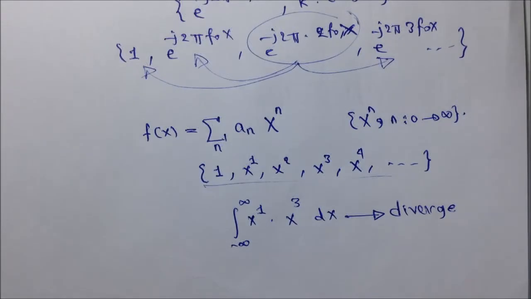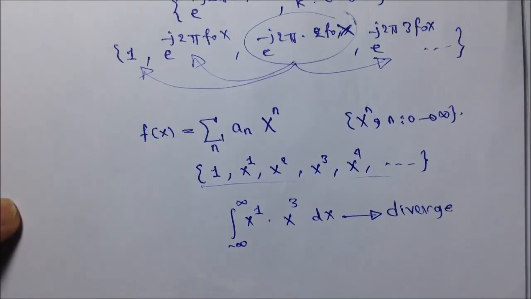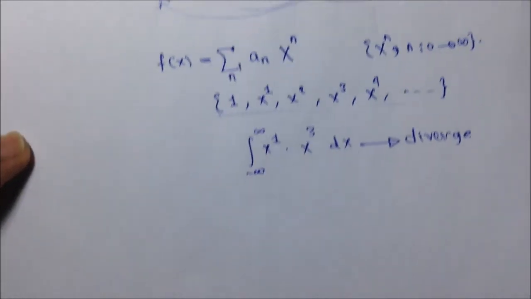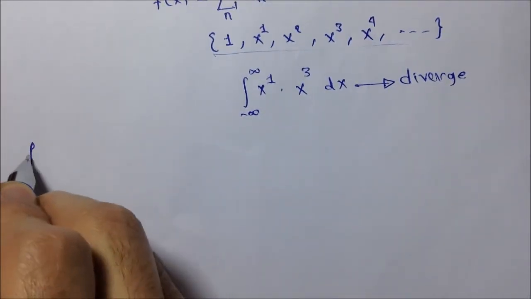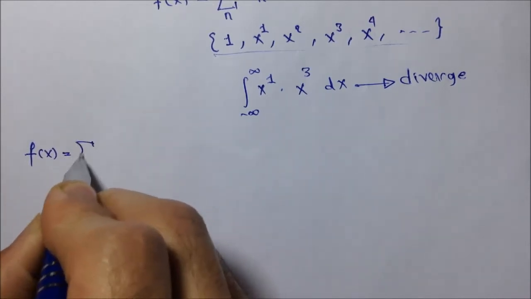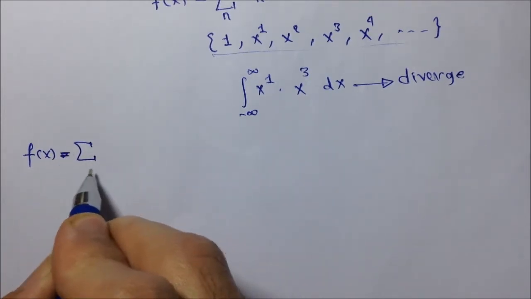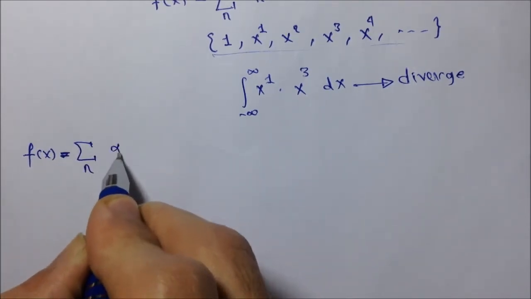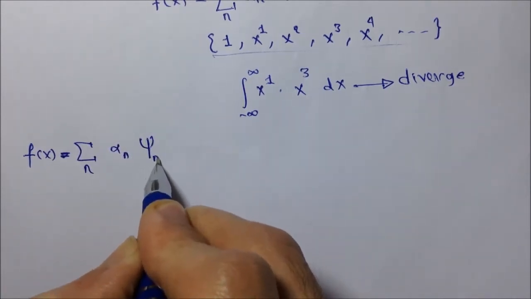Well, I've recently discovered that it's working according to the bi-orthogonality principle, as I shall prove in this video later on. Now I'd like to tell you how a bi-orthogonal transform works. So it says, if you have a signal f of x, it can be expanded by this summation, let's say over n, alpha n, a coefficient, then a kernel, let's say psi n of x.